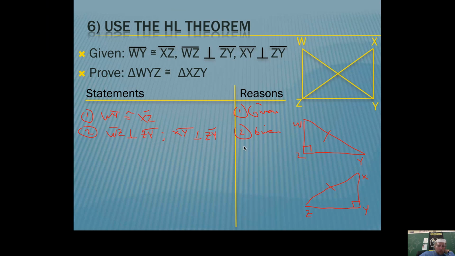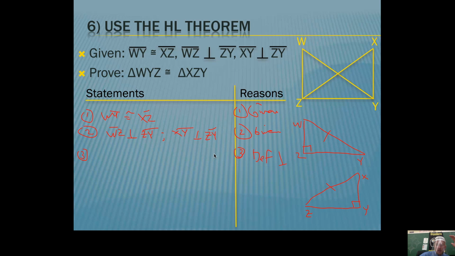What does it mean if things are perpendicular? If they're perpendicular, then that means you're going to have right angles. So when you see a symbol or a term, you need to define that. Where exactly are these right angles? I'm going to use three letters to name this angle Z, because if you look in the original picture, naming an angle Z is a bad idea.